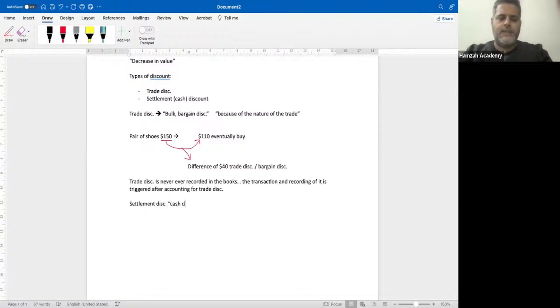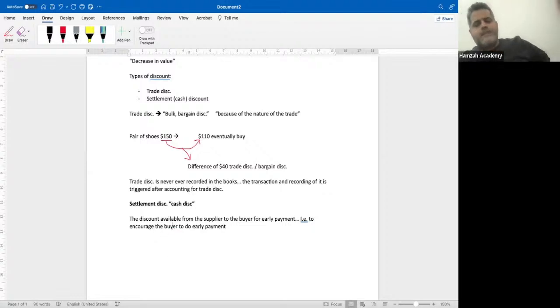Settlement discount is also called a cash discount as well. Now, this settlement discount or cash discount is the discount available from the supplier to the buyer for early payment, i.e., to encourage the buyer to do early payment, right?